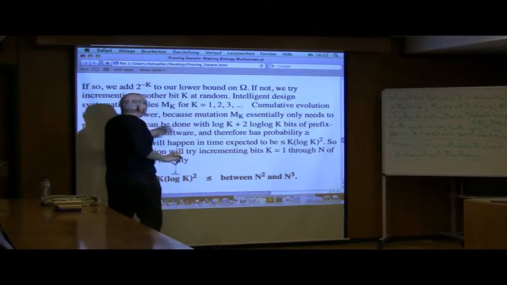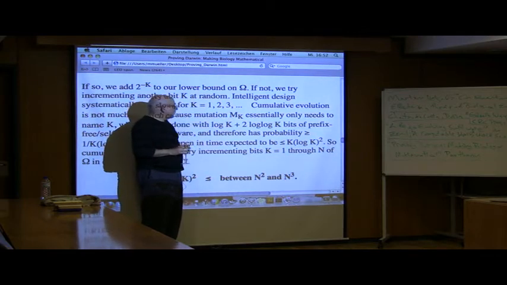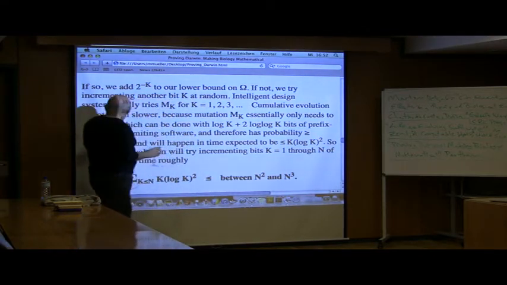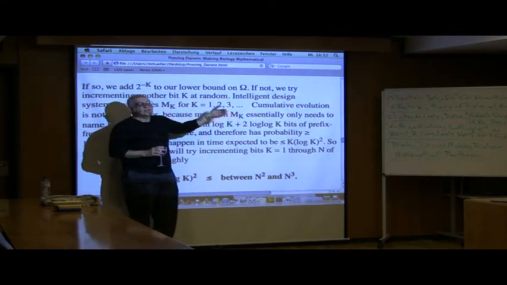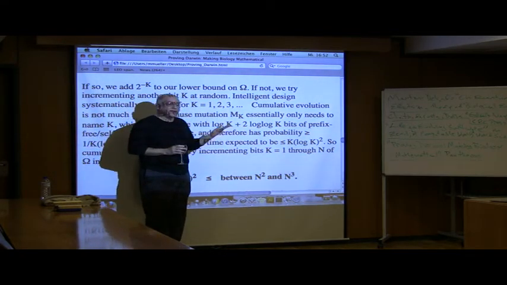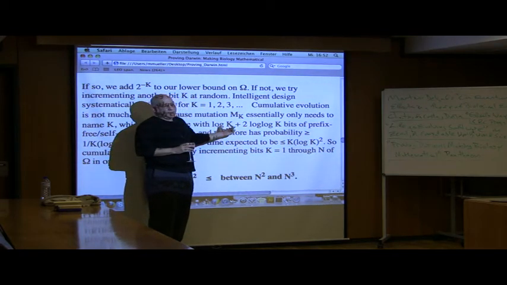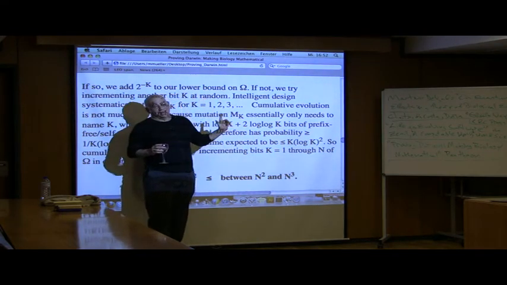How many bits does it take to program this transformation, which is M sub k? Well, basically all you need to do is tell me k. The rest is a fixed number of bits. So how many bits does it take to tell you a positive integer k? Well, it's basically log 2 k bits, but remember, self-delimiting.